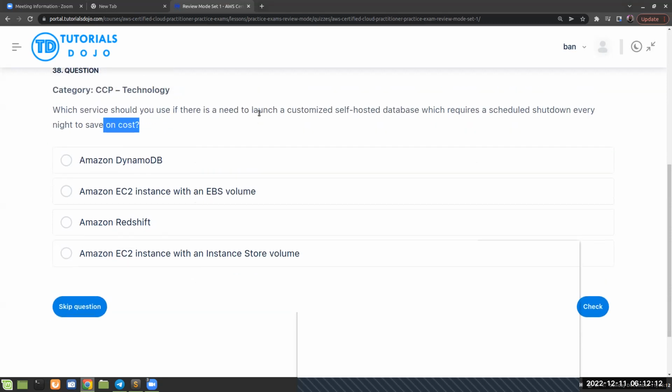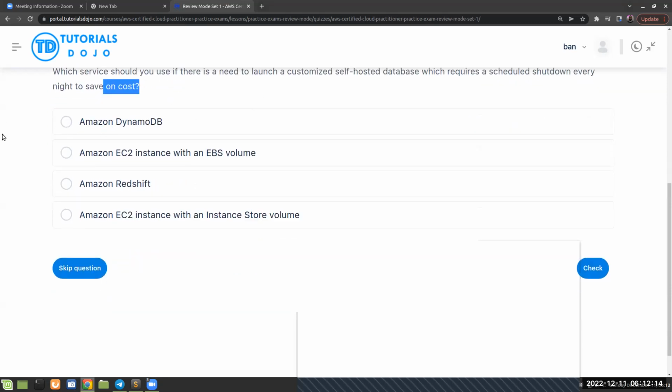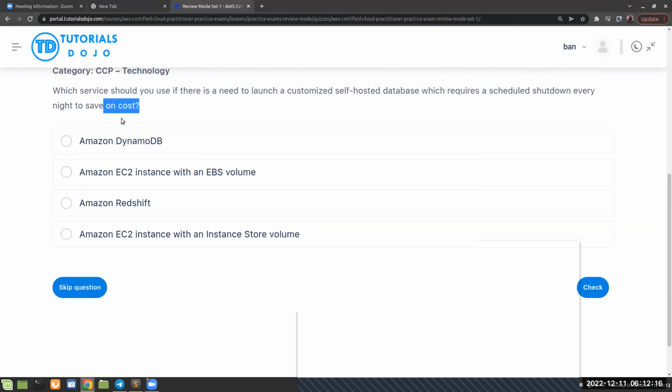What would that be? DynamoDB, Amazon EC2 instance with an EBS volume, Amazon Redshift, or Amazon EC2 with an instance store volume.